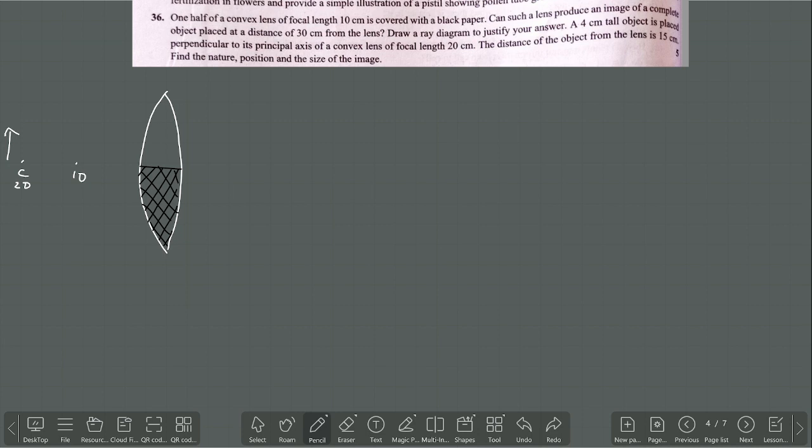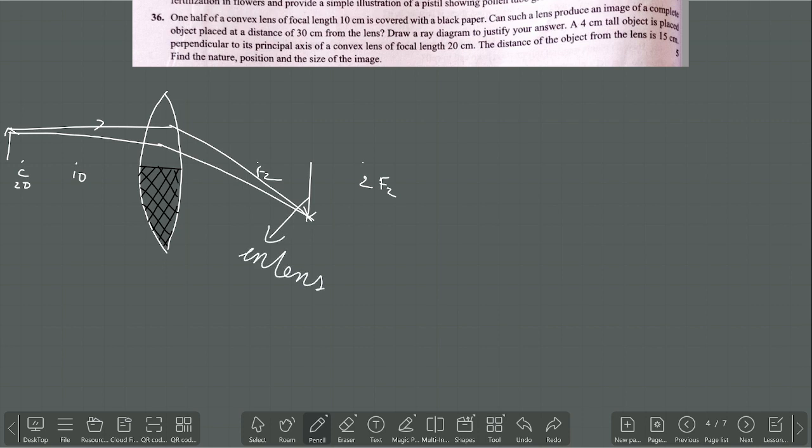So can such a lens provide an image of a complete object, whether the image will be formed or not? How many of you are saying yes? How many of you are saying no? Yes. The answer is the image will be formed over here. Clear? So the image will be formed in this place, but the main reason is the intensity of the image will be less.